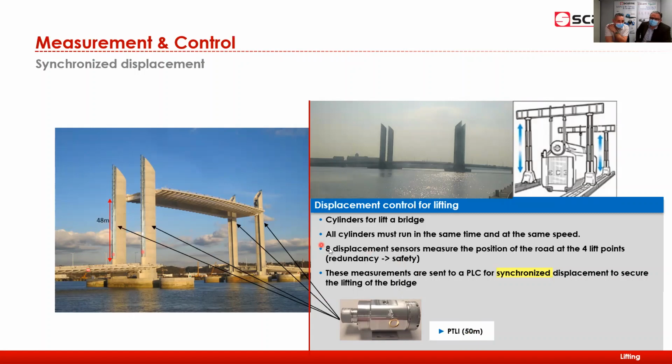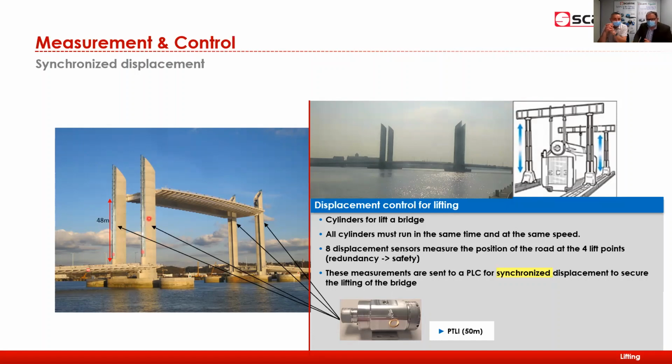Okay, but we can see 8 displacement sensors. Why? We double the measurement for each point. It is for redundancy and for safety, for security. If one sensor doesn't work, we can perhaps make one system go up and down, and after it stops, you have to have a person check what the problem is for security.